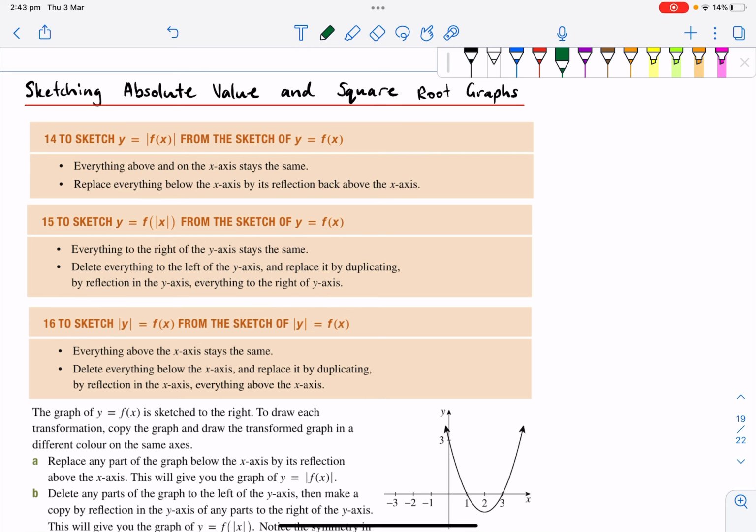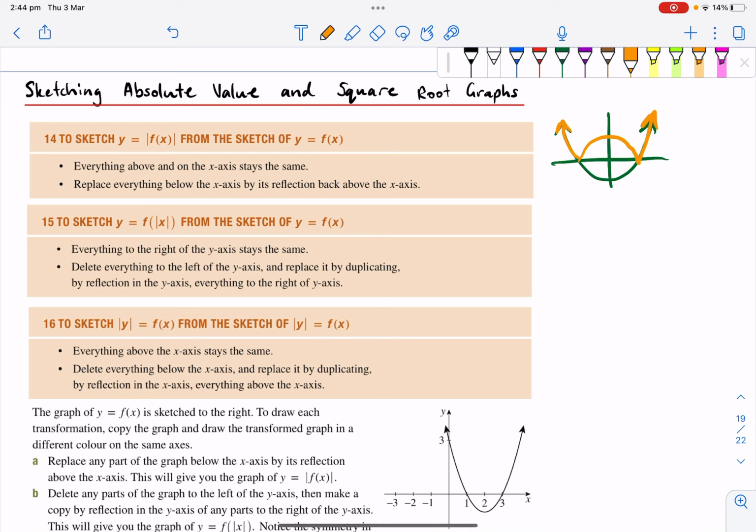I'll be flicking up and down between these just to make sure that we are looking at the correct question. So here, to sketch y equals |f(x)| from the sketch of y equals f(x), this one's the easiest one. Everything above and on the x-axis stays the same. Everything below the x-axis is reflected back above the x-axis. So any part of a graph that's below the x-axis gets reflected up, but everything already above stays where it is.